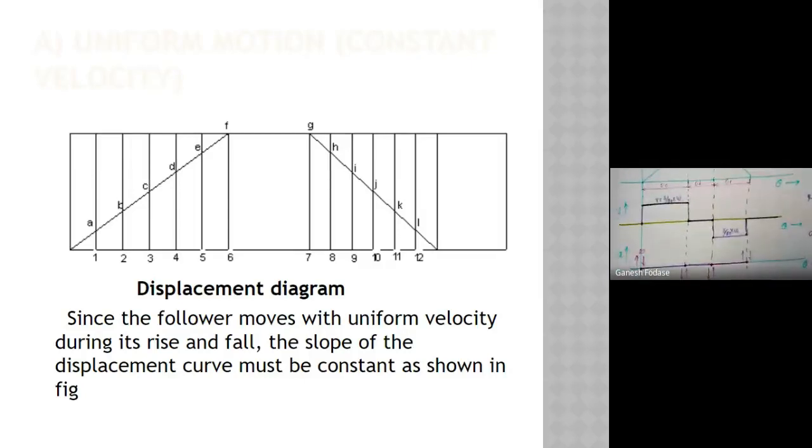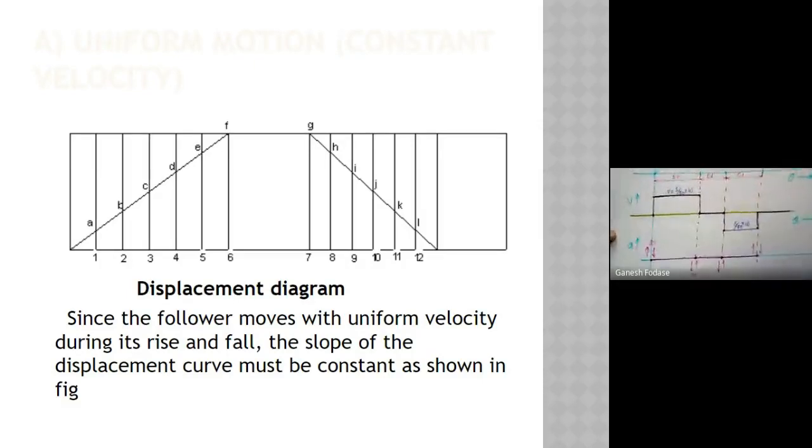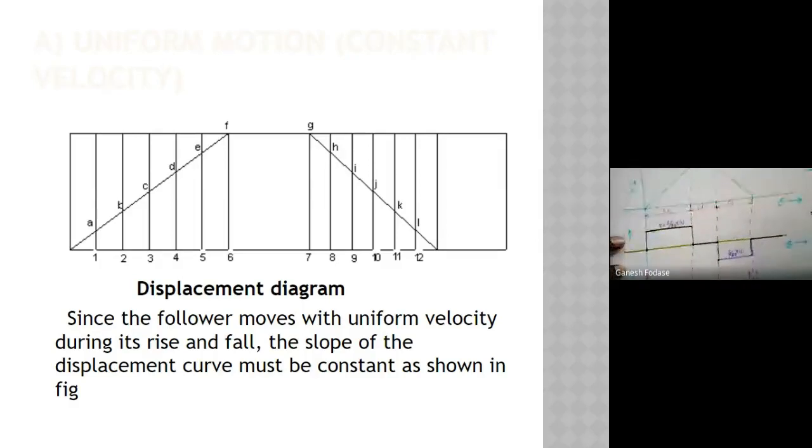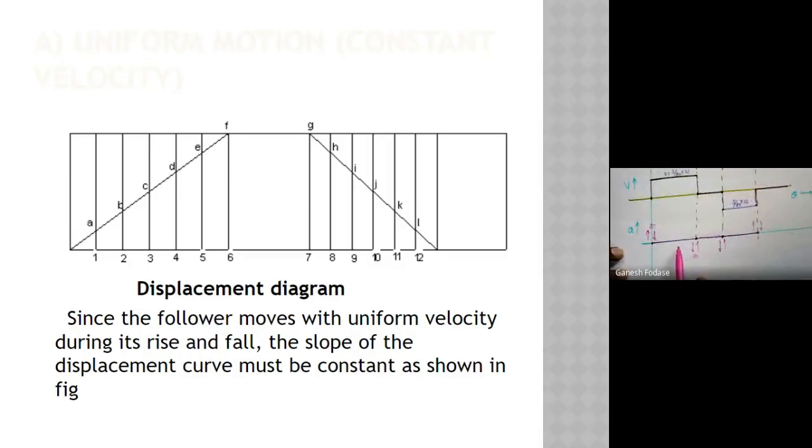Now what do we understand from this? We need to predict something, we need to analyze something. As we have seen, when the follower is moving with constant velocity, the acceleration during rise and during return is 0. But at the start of the stroke and at the end of the stroke, this acceleration reaches infinity. Assume that you are operating some machine or device where at the start and end the acceleration becomes infinity.